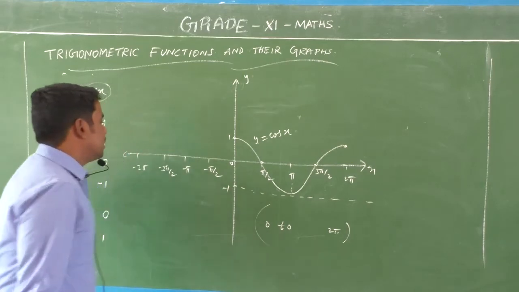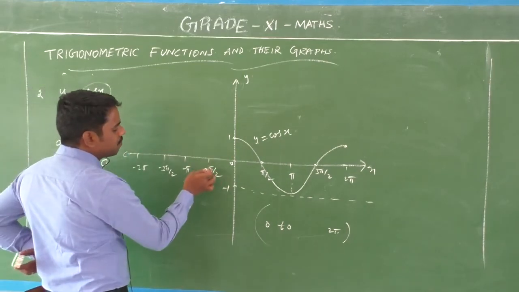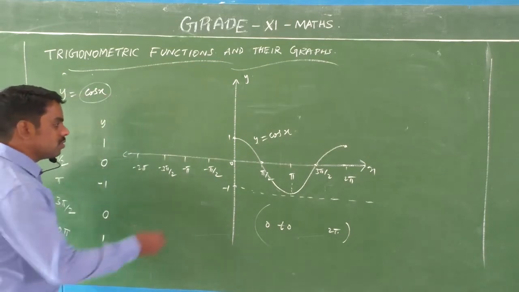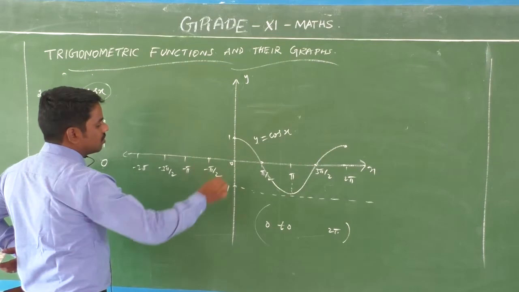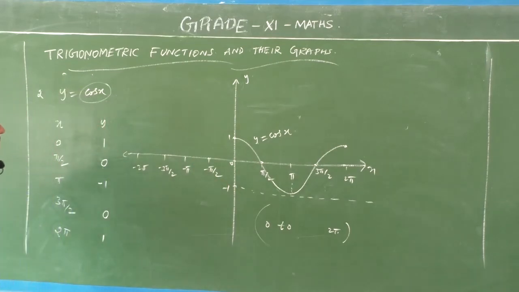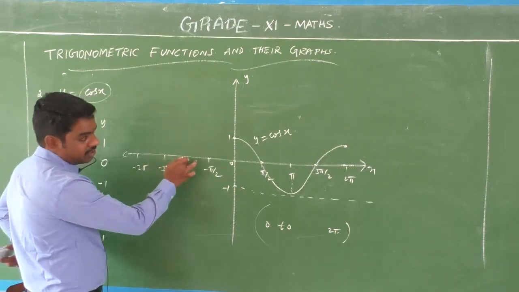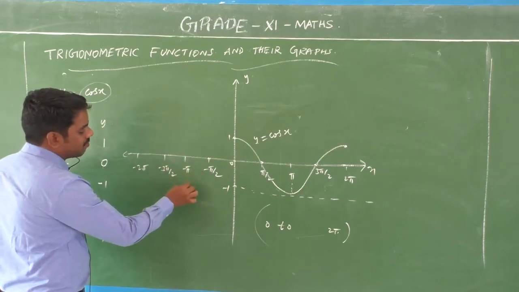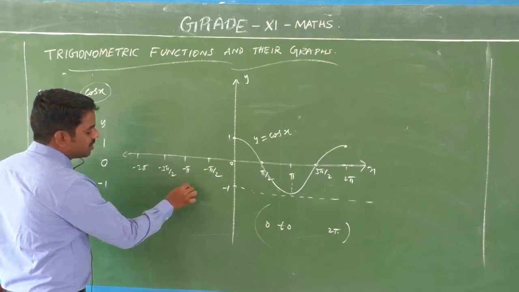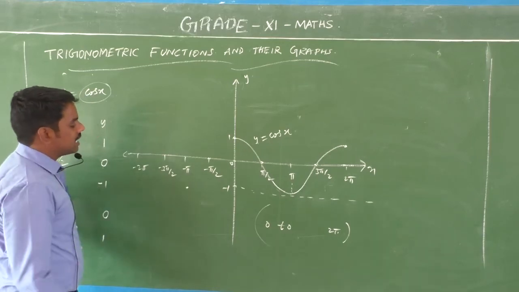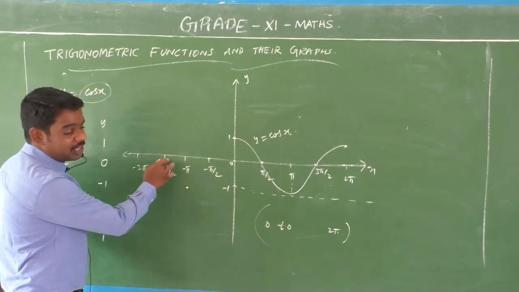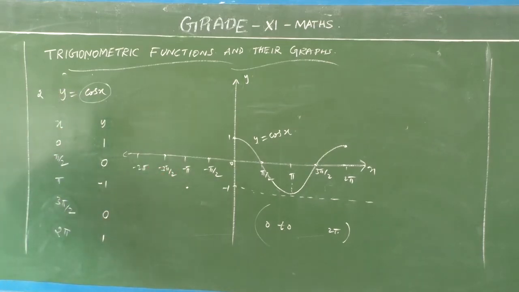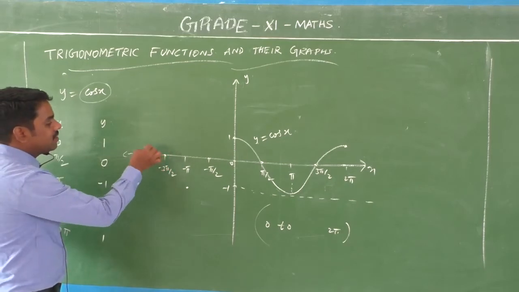Next, cos of minus pi by 2 is 0, so the point is (minus pi by 2, 0). Cos minus pi is minus 1, so (minus pi, minus 1). Cos minus 3 pi by 2 is 0, so (minus 3 pi by 2, 0).